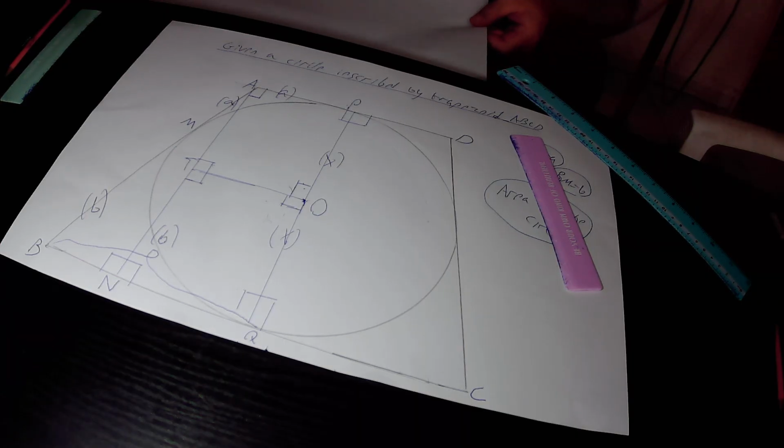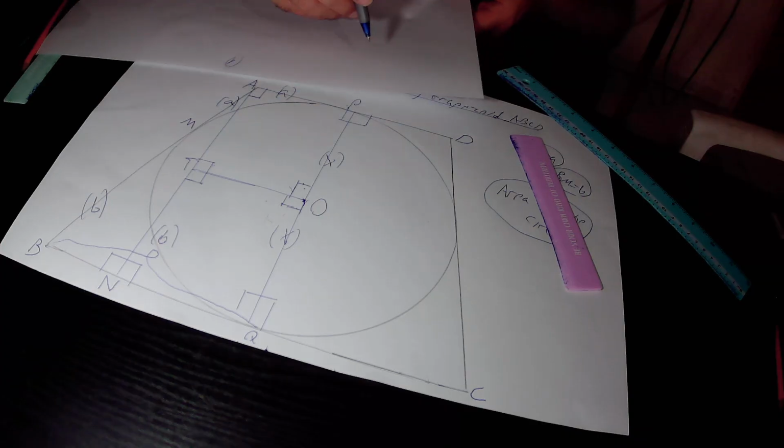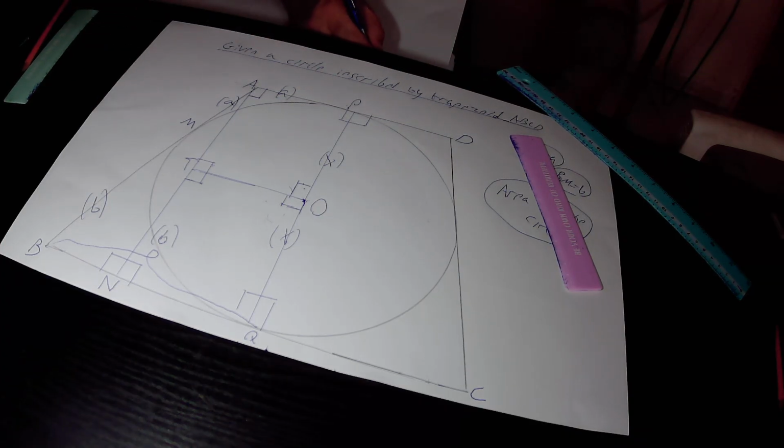Now we found out that because angle POQ equals 180 degrees in its size, therefore line segment POQ must be a straight line.